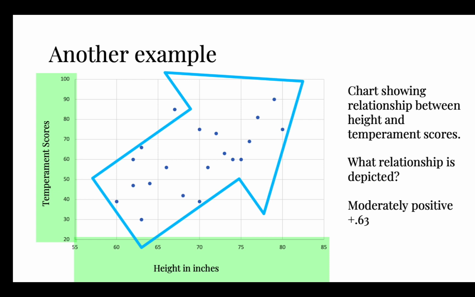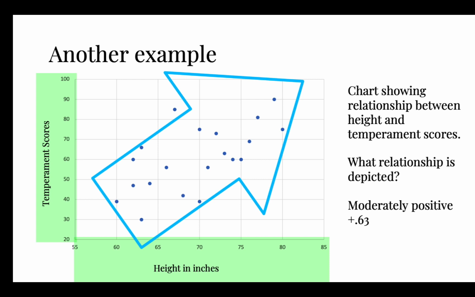We see that there's a lot of scatter, but there's an upward slope, right? It's kind of going up. It's a little all over the place, but it's kind of going up. The line of best fit would be upward, which means even though it's scattered, we know it's a positive, right?